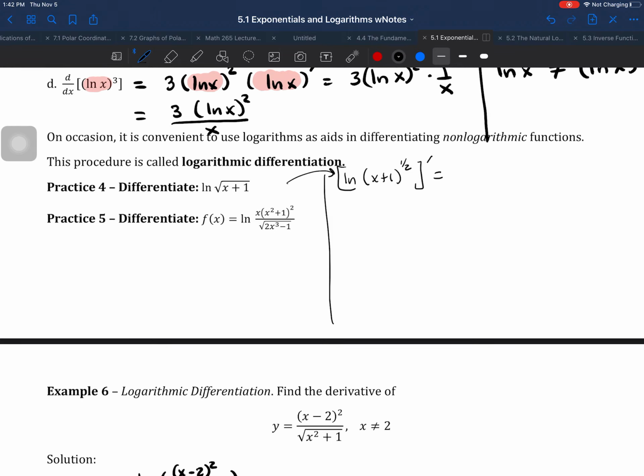Now, before I do that, notice that this is the outside function, and inside this natural log there is a function inside another function. Too many functions inside a function.